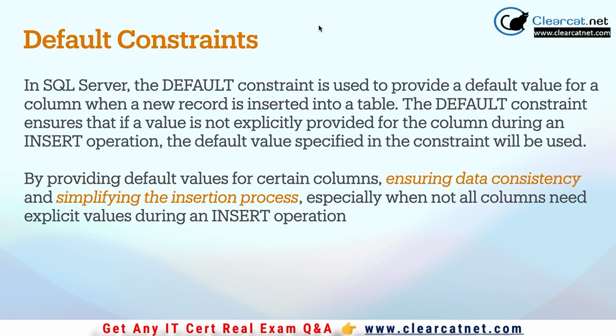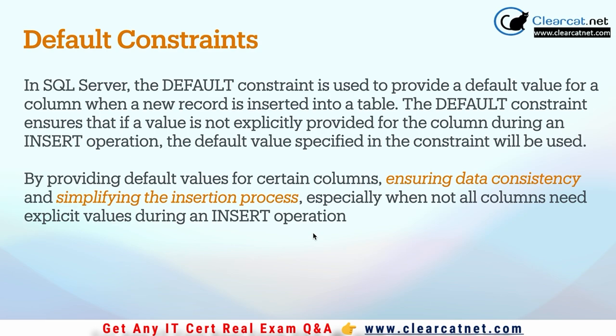How this works, I will show you on SQL Server with the help of queries. By providing default values for certain columns, it ensures data consistency and simplifies the insertion process, especially when not all columns need explicit values during the insert operation.